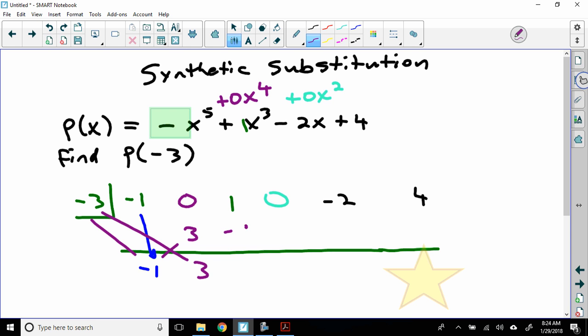It's -9. Add vertically. It's -8. Good. Multiply diagonally. 24. Add vertically, so we get 24. Now, 24 tripled, that's 72, and it's negative, right? So we got -72. Add vertically.